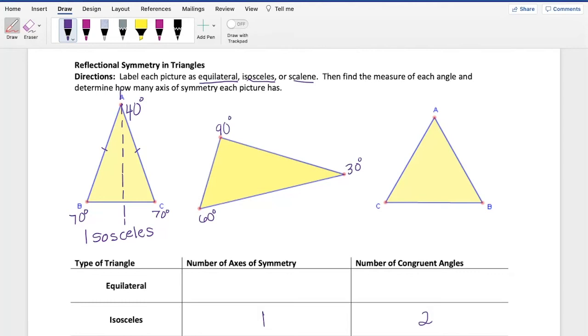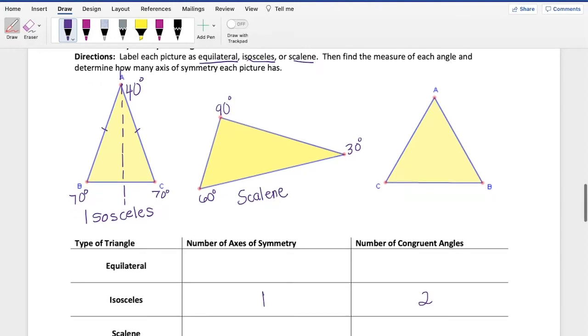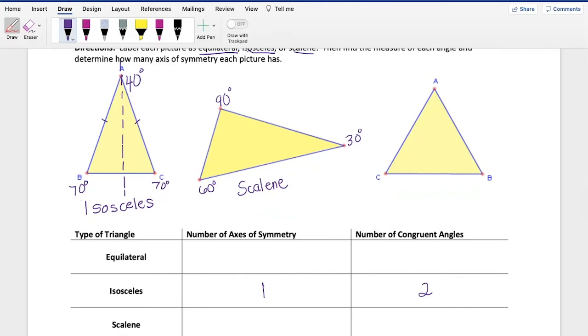I have a scalene triangle here. And if we look, I can't really draw an axis of symmetry anywhere that would allow me to have 2 equal parts once I were to fold it on that axis of symmetry. So our scalene triangles have no axis of symmetry, and they also have no congruent angle.